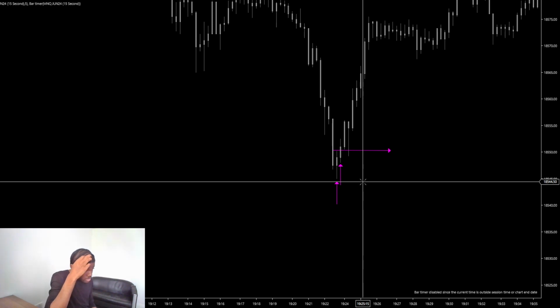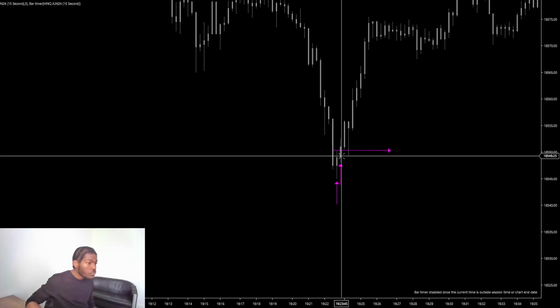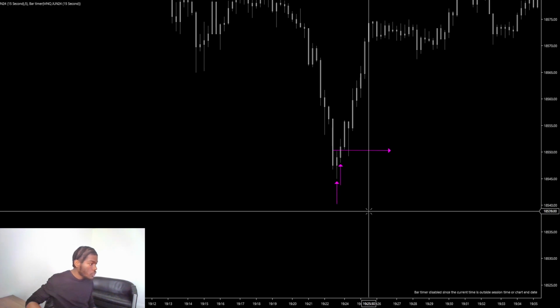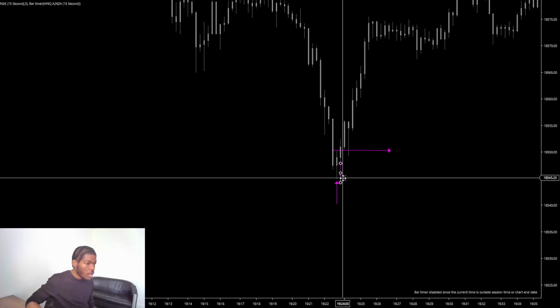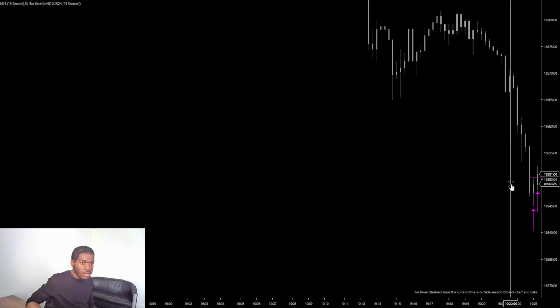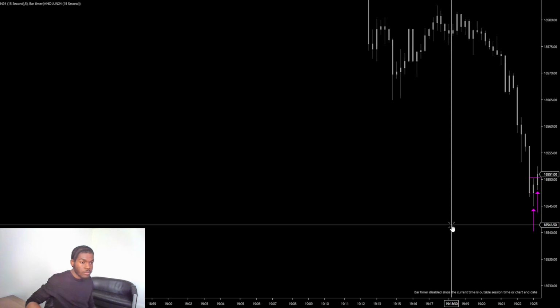This is the next up candle. This candle moved above this previous up candle here. This becomes the last. So when you're following price, that's the last up candle here.